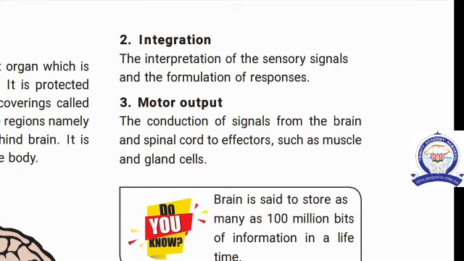Then third function is motor output. Motor output means conducting the signals from the brain and spinal cord to effectors. Effector organs, some internal organs act as effectors, such as muscles and gland cells.